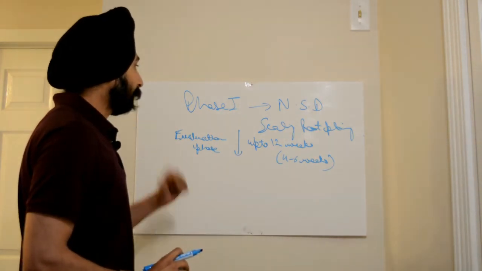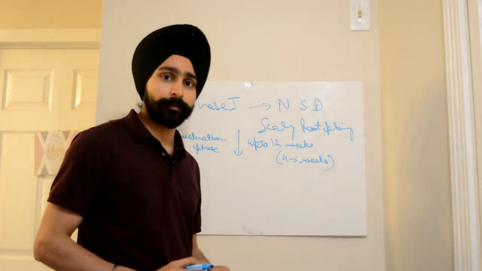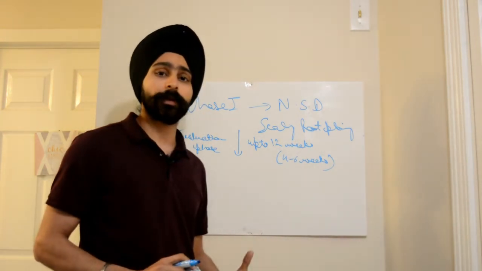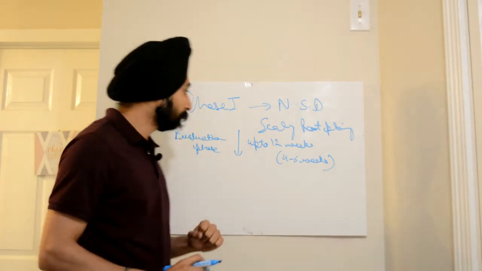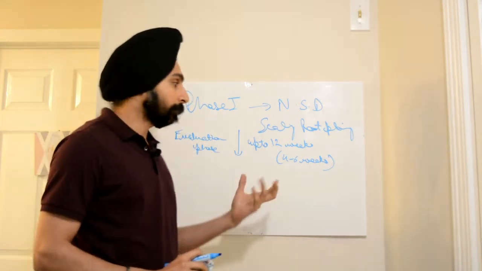Let's say a patient comes to you, he was having bleeding from his gums and his pockets were around 4 or 5 millimeter. So a dentist performed non-surgical debridement.